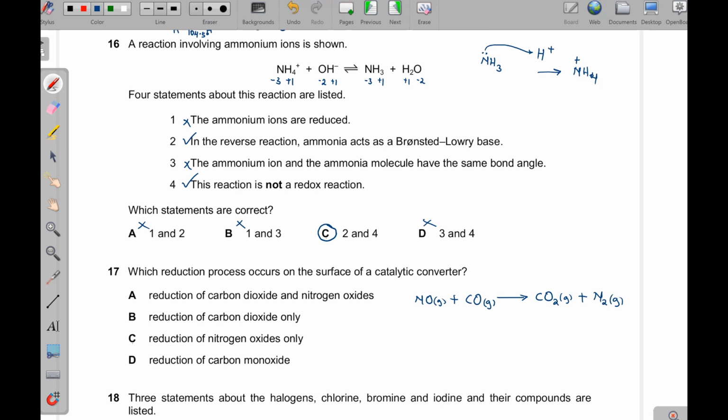Now we're trying to balance this. Since nitrogen is 2 here, I can put a 2 here. Then oxygen becomes 3, but if I put a 2 here, oxygen will be 4. That means when I put a 2 here, I'll get oxygen 4 here, as it is here, but also carbon is now 2, and it is also 2 here. So that is the balanced one.